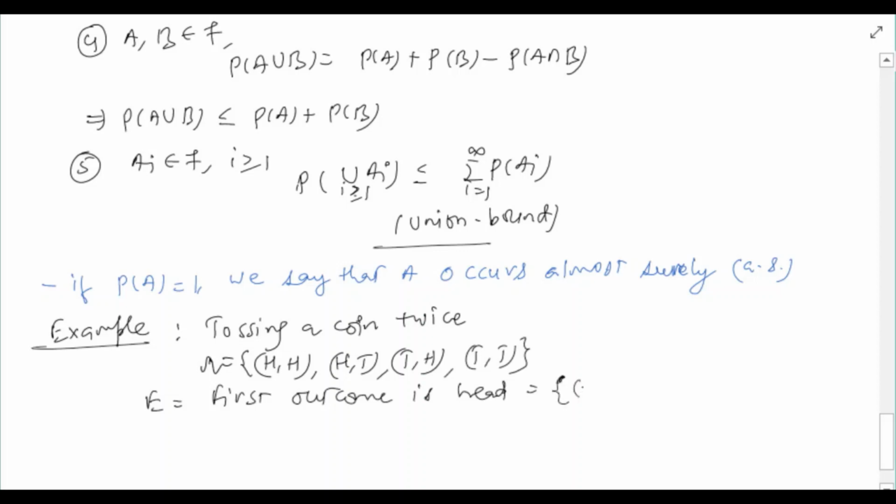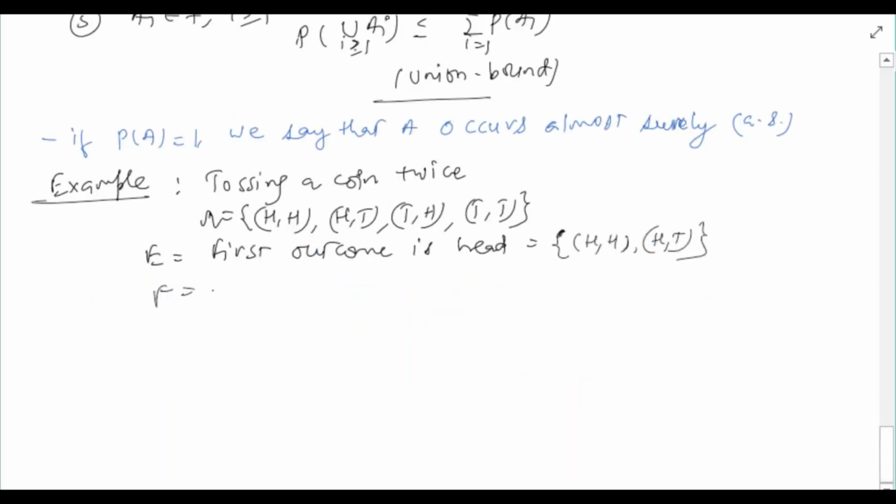In other words, this is the event HH, HT. Similarly, let us define F to be the event that second outcome is head. That is, F is TH, HH.